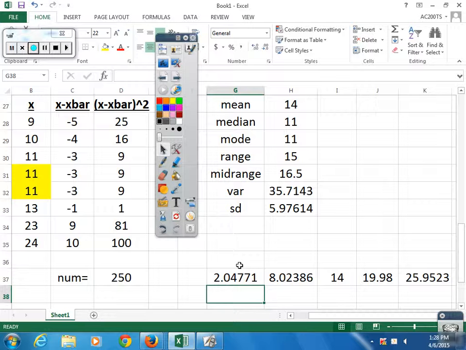So anything between 2 and 26 pretty much is normal.